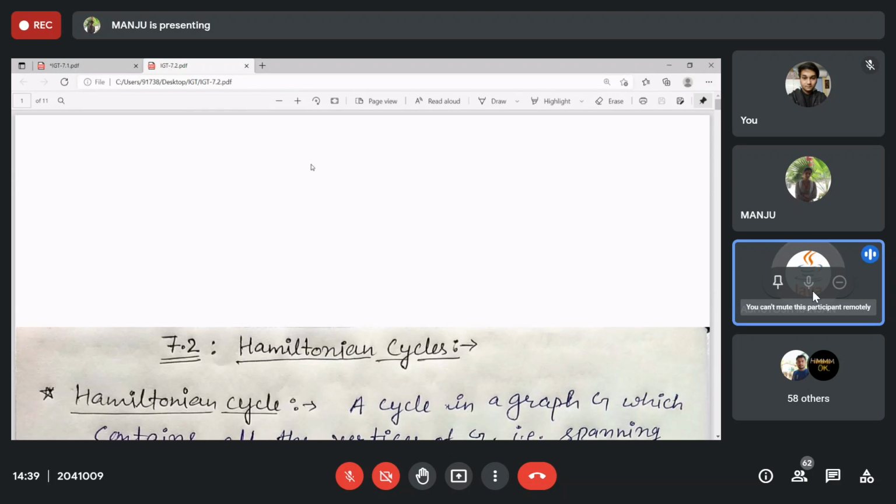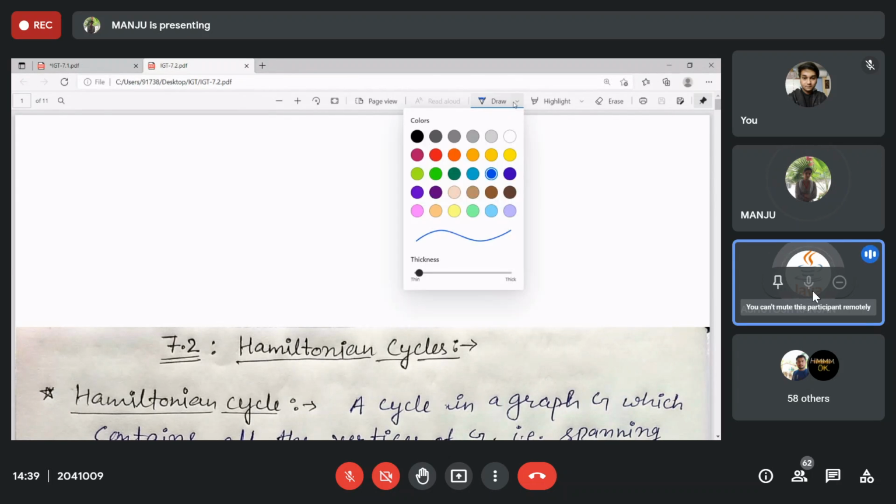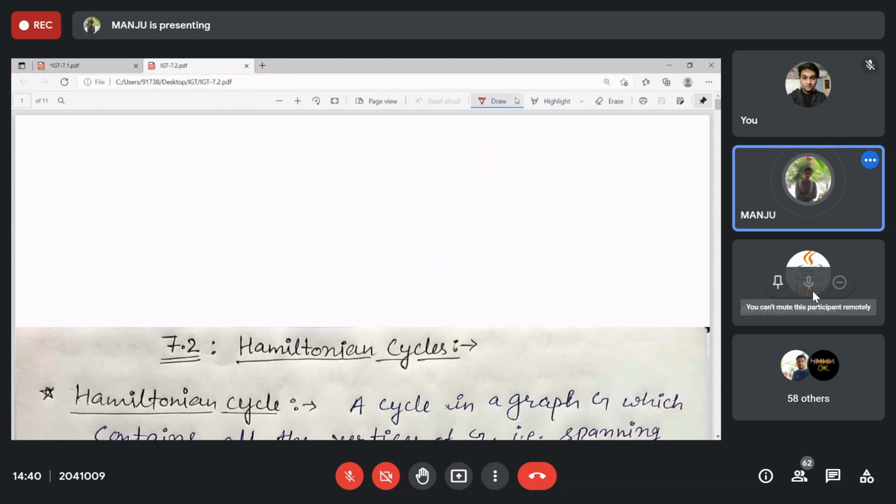It is a closed trail that covers all the edges. Yes, an Eulerian circuit, a closed trail that covers all the edges.